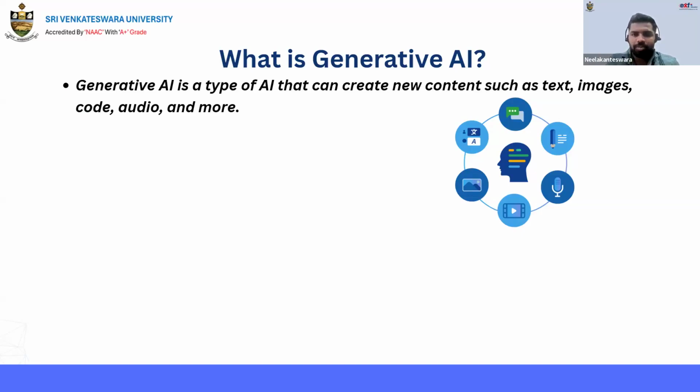The best example is ChatGPT. Before ChatGPT, artificial intelligence was limited to making decisions or predictions, not beyond that. But after generative AI, if you ask any question, it will generate the answer, and it will generate code.